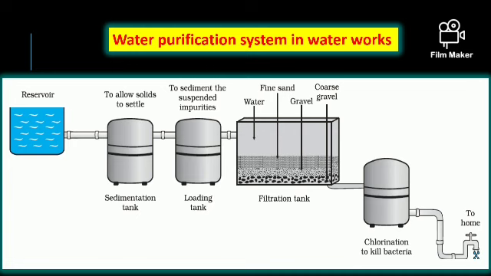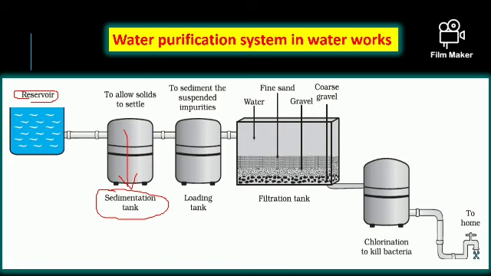Now we will talk about the water purification system in the water works. So here we have impure water in the water reservoir. This water is allowed to pass through the first sedimentation tank where the solid waste settles down or is separated, like plastic cans, polythenes and many others which have larger size, and they are impurities.